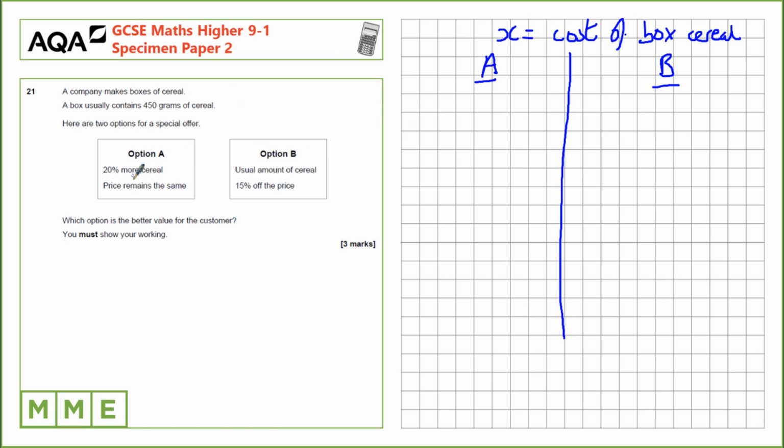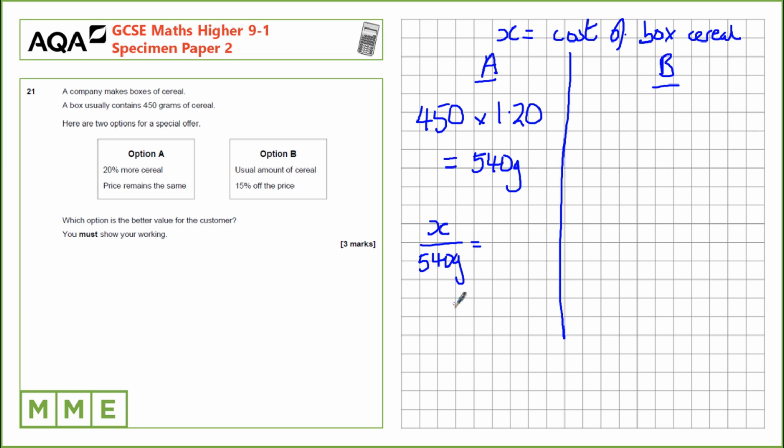So if we want to figure out how much cereal there is in a box of option A, we start with 450 grams of cereal, and we get 20% more cereal. That's a multiplier of 1.20. So 450 grams times 1.2 is 540 grams of cereal in a box of cereal A. The price stays the same, so the price per gram is x, the cost, divided by 540 grams, which will give us 1 gram.